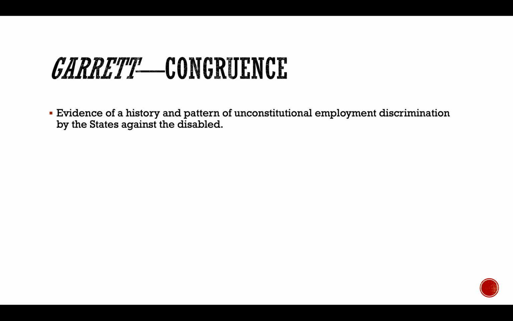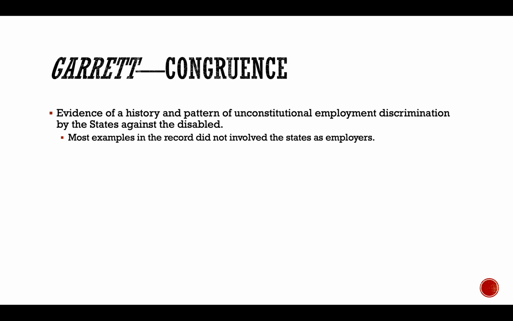So what is in the record then? When Justice Rehnquist, the Chief Justice, goes through the record, what does or doesn't he see? What does or doesn't the court credit in justifying or not justifying Congress's ability to pass this statute? Rehnquist says that most of the examples of disability discrimination in the record are not instances of discrimination by states as employers.